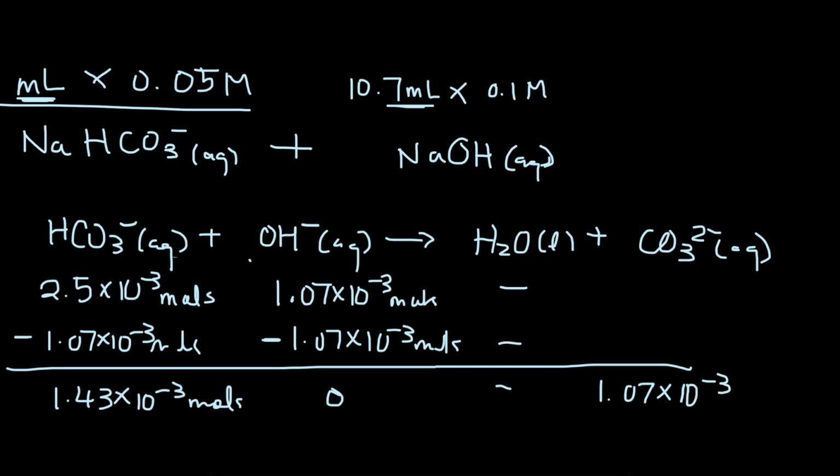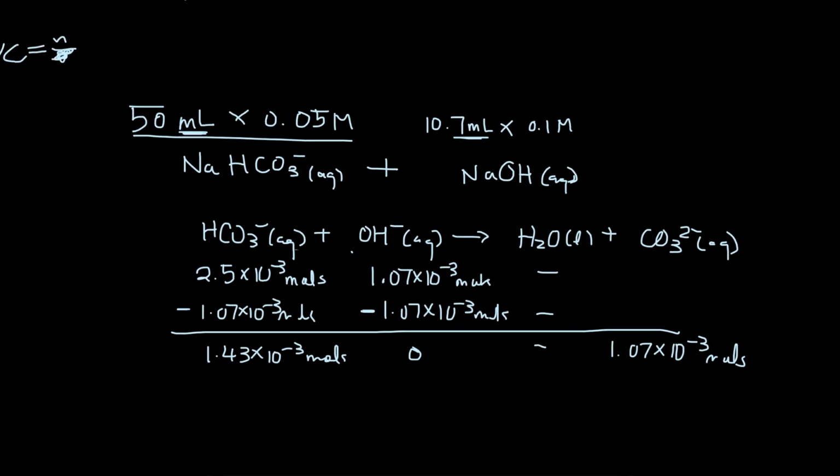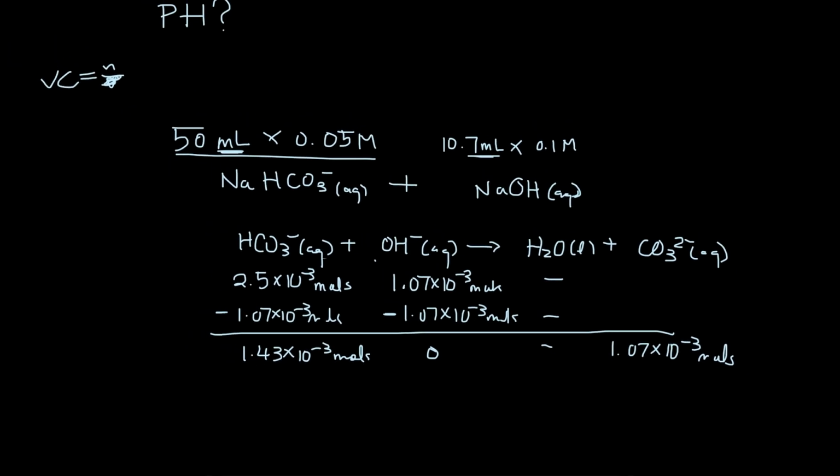So what we end up finding here is we want the pH. And there are several ways to find a pH. But in this situation, the only things that we have in this system are buffers. So there is a conjugate acid and a conjugate base, and they're both weak. So this is a buffer.